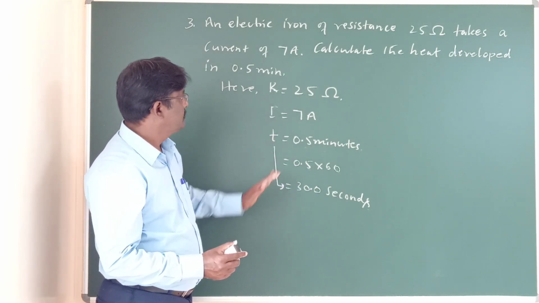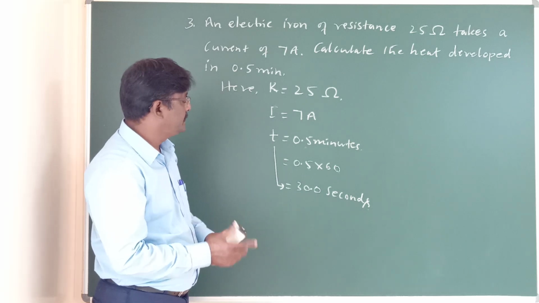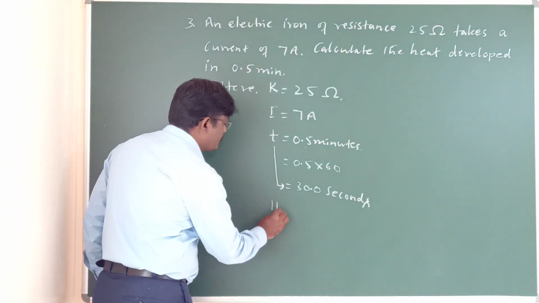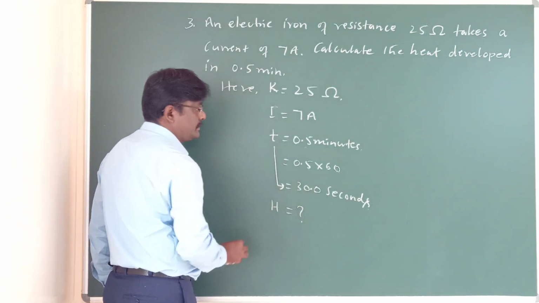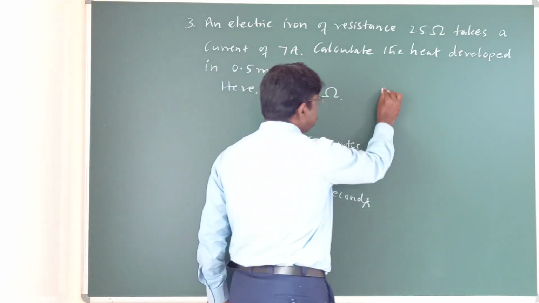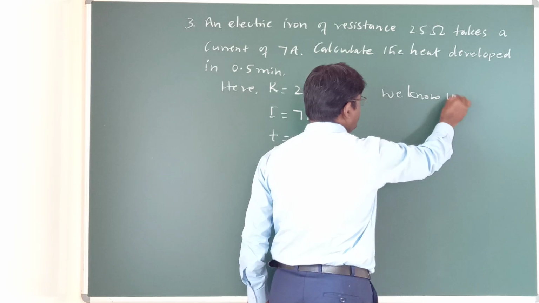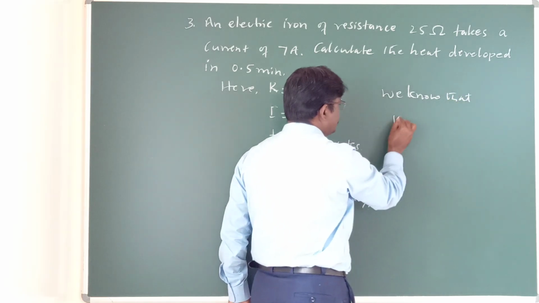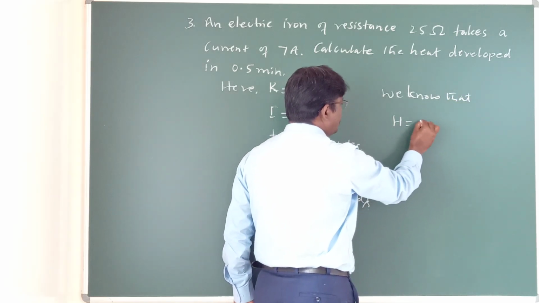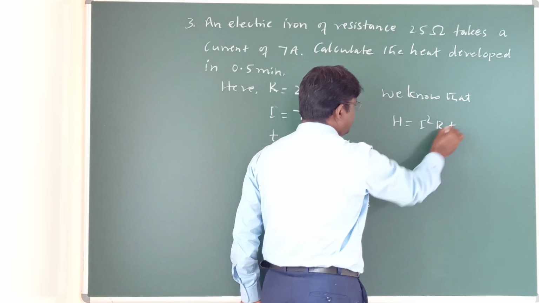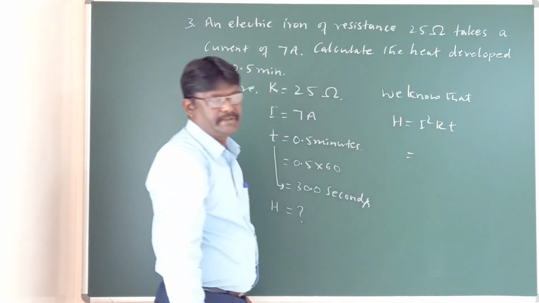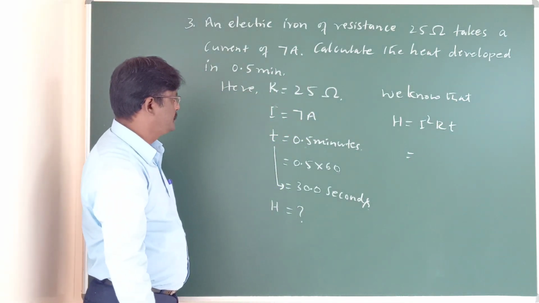Now it's clear. What is the question? Calculate the heat developed. H is what we have to get. We know that by Joule's law of heating, H equal to I square RT, correct? This is the equation. Now let us substitute.